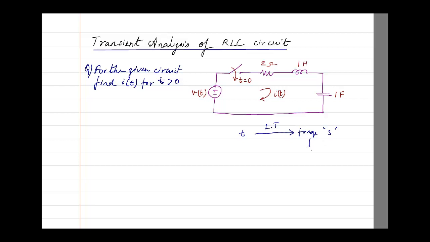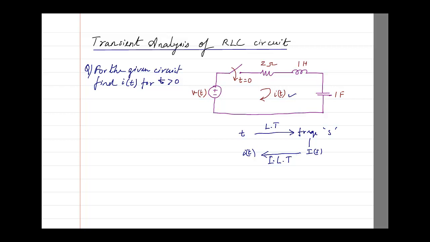We find out the answer for I of s, which is the Laplace transform of I of t, and then we calculate I of t by taking the inverse Laplace transform.